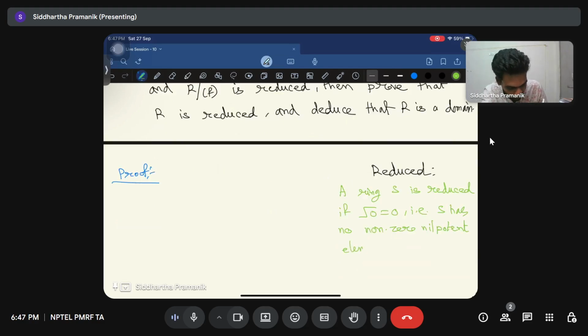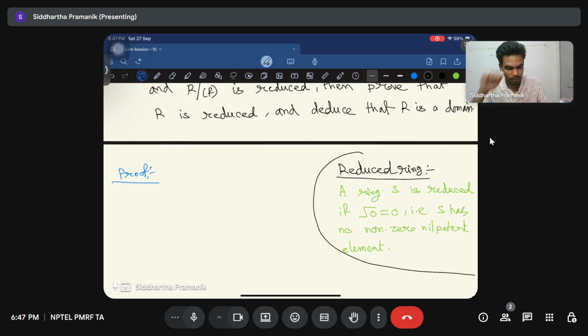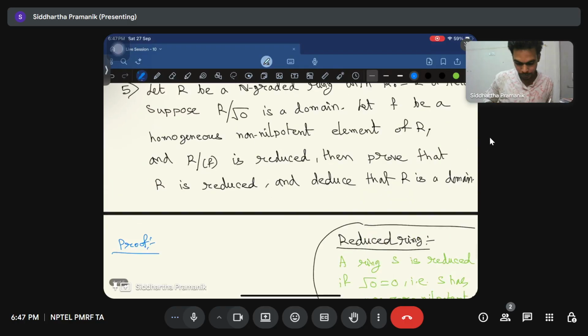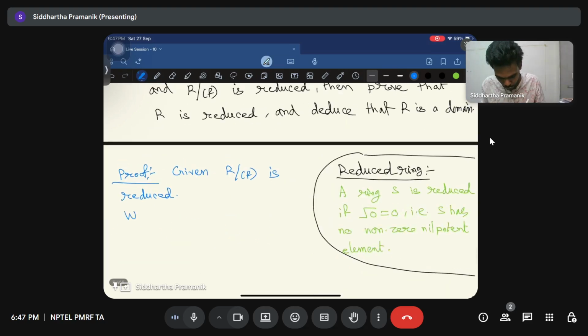So if a ring has no non-zero nilpotent element, then we call it a reduced ring. So given that R mod F is reduced, we want to show that R is reduced.